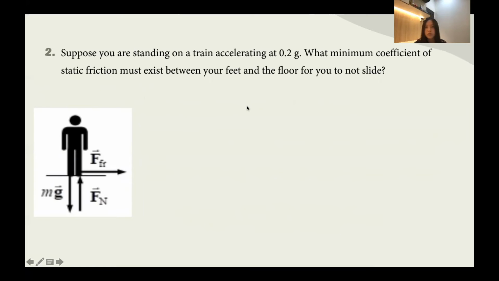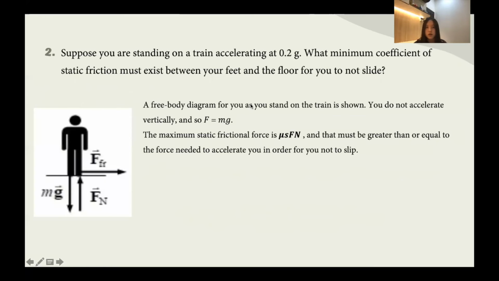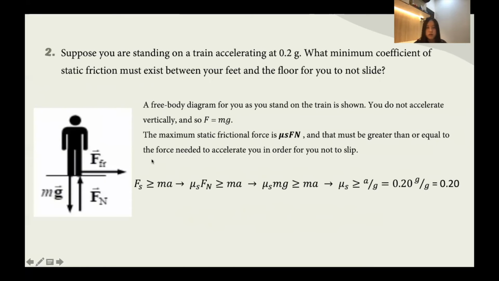To find the minimum coefficient of static friction, we can say that the static friction must be greater than or equal to mass times acceleration. The static friction can be substituted with coefficient of static friction times normal force, and the normal force can be substituted as mass times gravity.